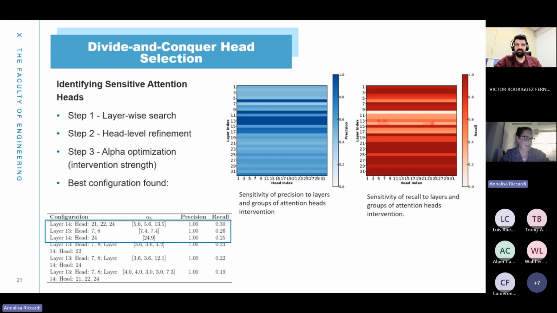So the first thing, as I said, in the general technique, we need to identify which layer and which head of our transformer model, here as well a Llama 2, I think, model, are the ones that promote the behavior that we want to promote. Here, instead of looking at all the layers and all the heads, we did a bit of a smarter search.